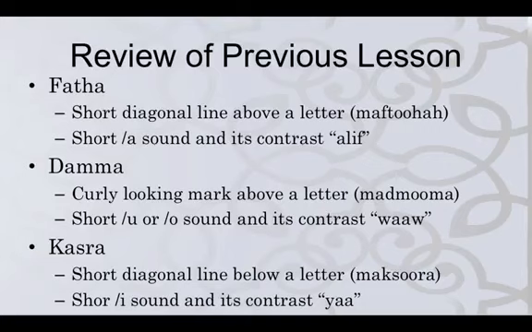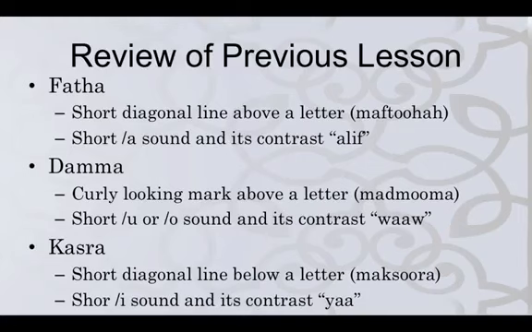And whenever a letter gets a dhamma, the letter becomes madmuma. So you call the letter madmuma. So ta madmuma tu, tha madmuma thu, so on and so forth. It denotes a short U or O sound, and you must contrast it with the letter wa, which is the long vowel equivalent of the dhamma, the long oo sound or the long o sound.